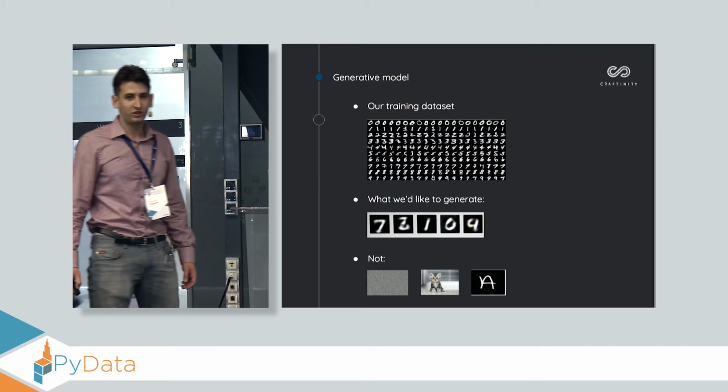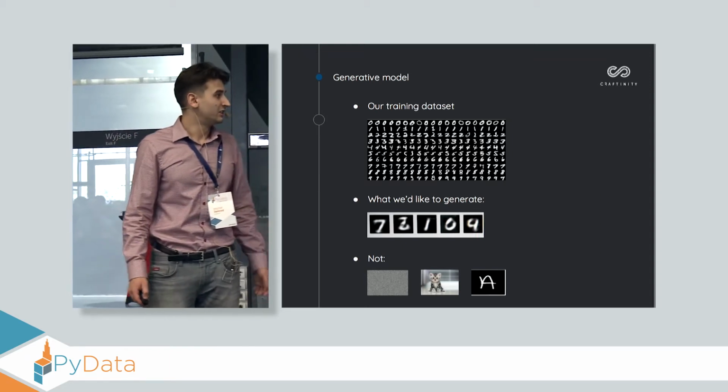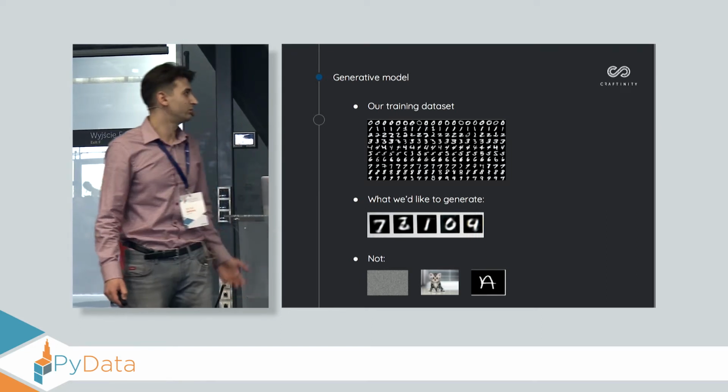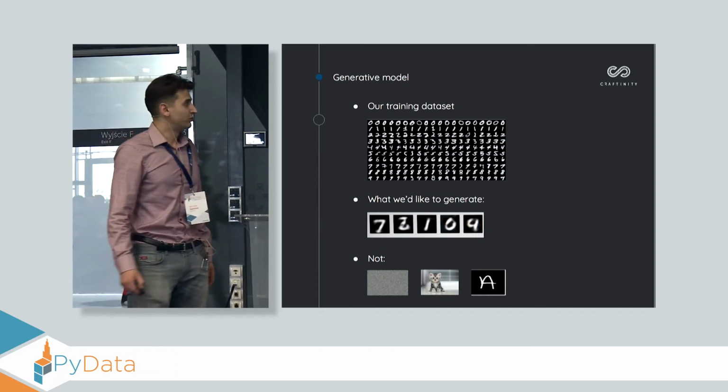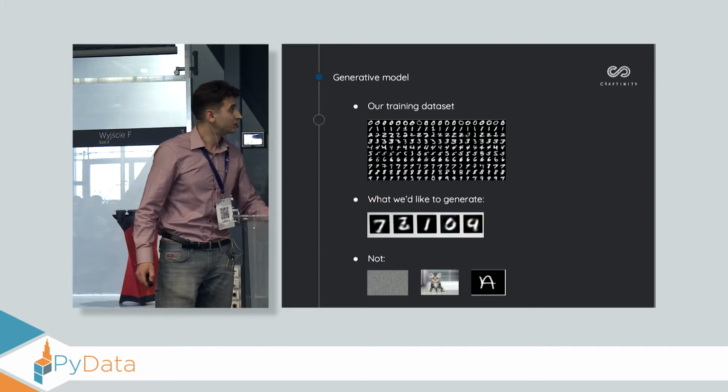So if we are working in the domain of handwritten digits, then we'd like to generate images which look like handwritten digits. We want neither random noise, we want neither cats nor letters.